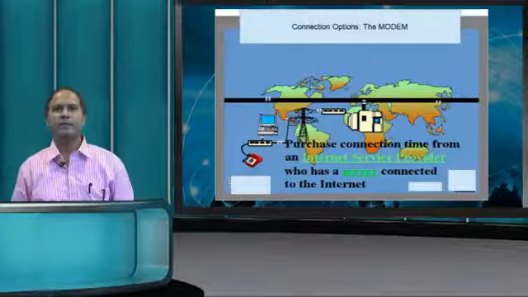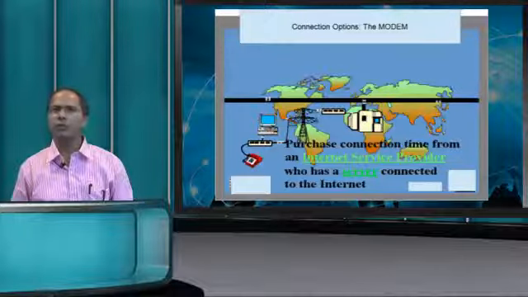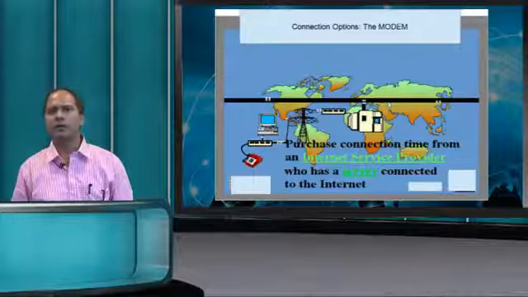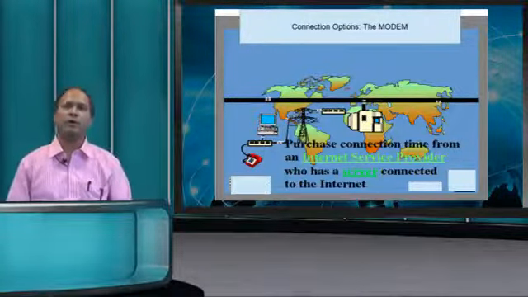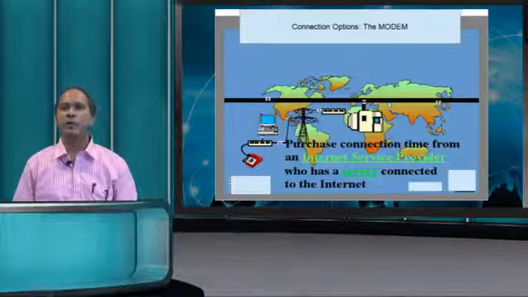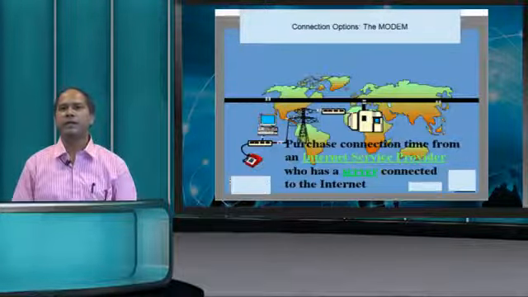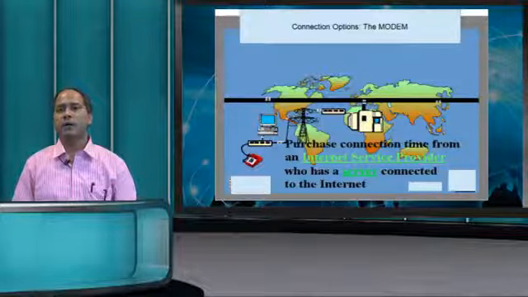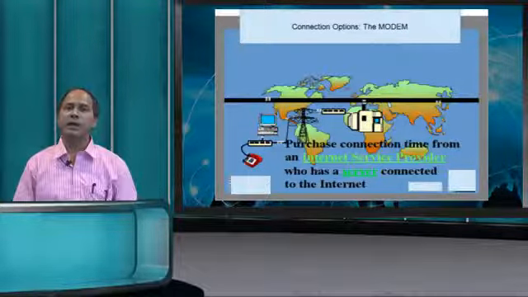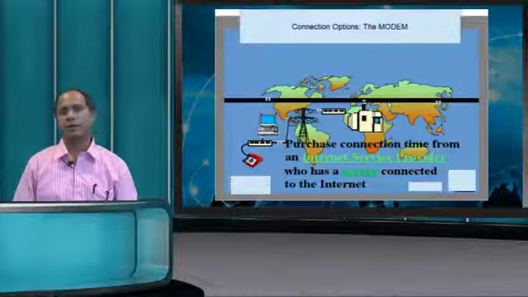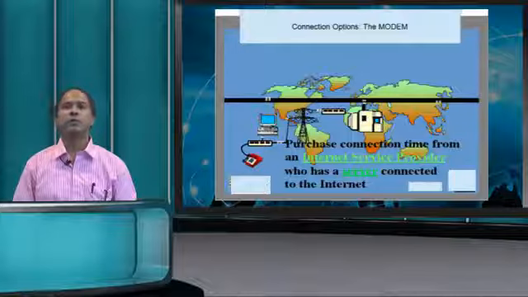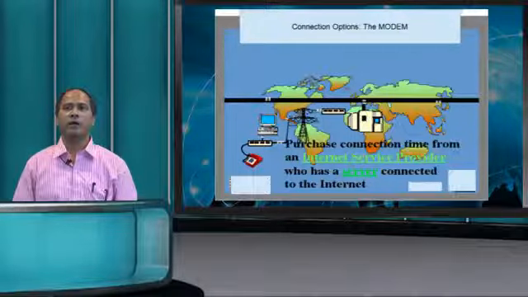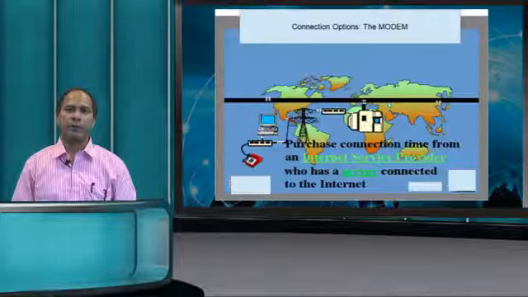Then this telephone set is connected through your local exchange to a particular telephone network called PSTN, the public switched telephone network. Through the PSTN, as you can observe from the picture, this connection goes up to the gateway. Gateway means the internet service provider for the country. So the gateway is connected to the information superhighway in this way, and different kinds of packets are coming and going through this particular gateway.